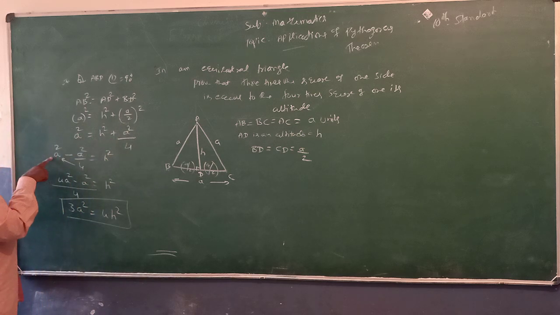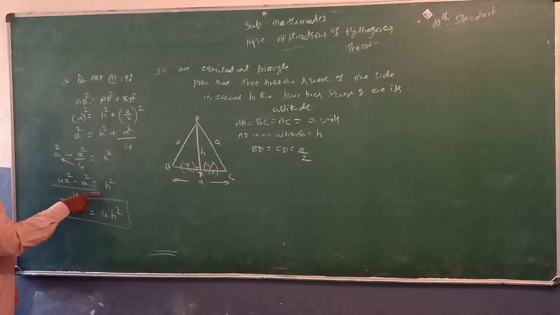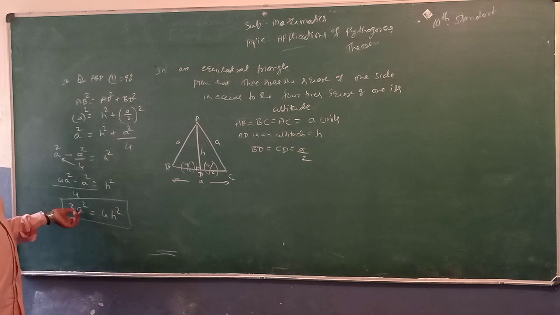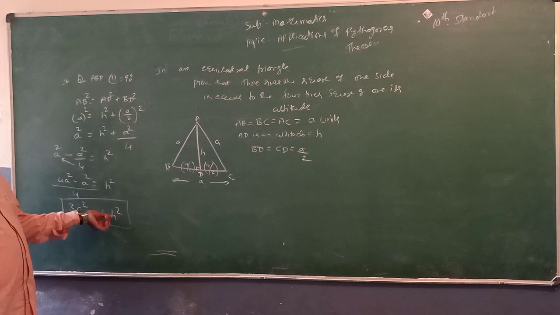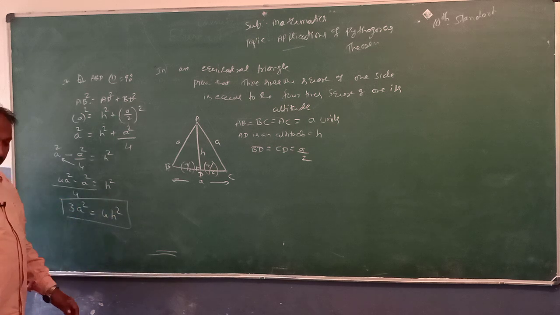Come to this side, 4A square minus A square is equal to H square. Here 4 is the LCM, so 3A square is equal to 4H square. 3 times the square of one side is equal to 4 times the square of one of its altitudes.